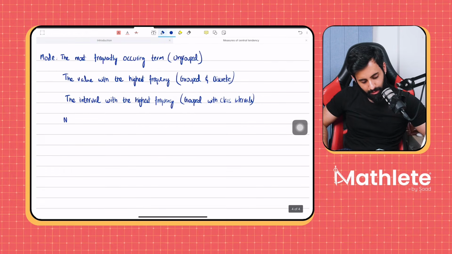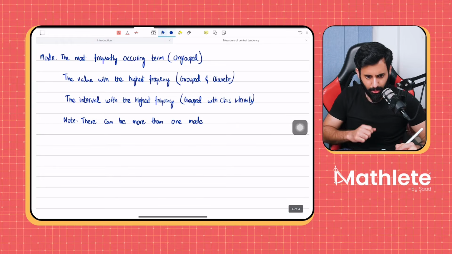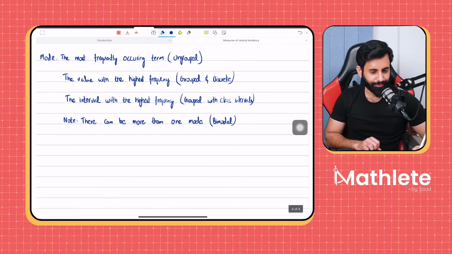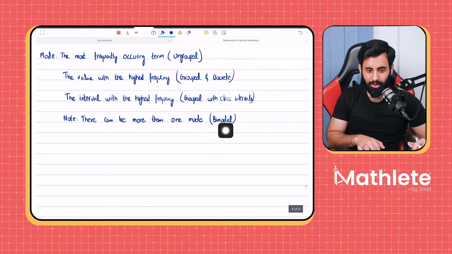So remember this note: there can be more than one mode. That means you can have two modes, in which case we call it bimodal. Bi, as you know, means two, like binomial and bisect. So bimodal means that you have two modes.